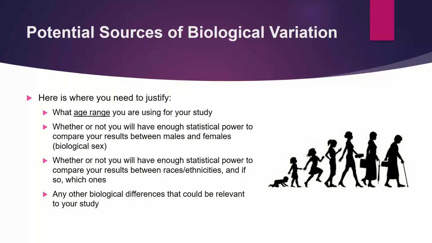So then you want to address any other biological differences that could be relevant to your study. So with peripheral blood biomarkers, analyses typically include body mass index. So we might want to discuss the range of body mass index scores that we have, showing that we have enough variability to include that in our analyses.